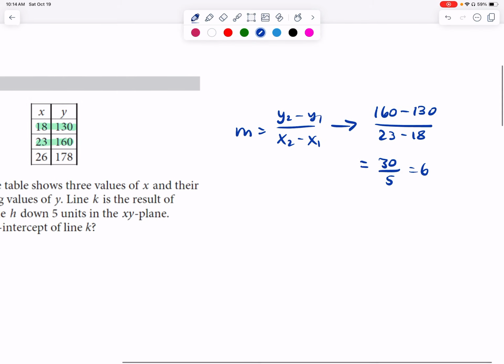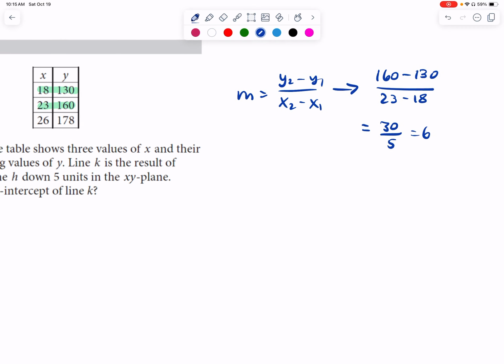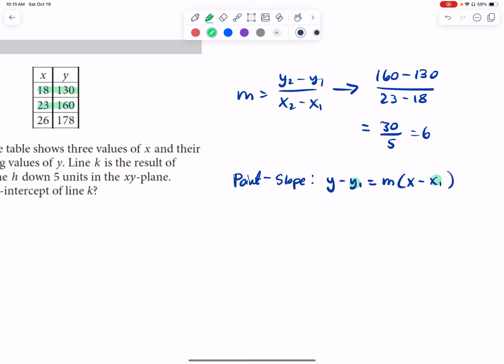As far as the y-intercept goes, I don't have that information in the table. I don't really need it in order to write the equation, because I can use good old-fashioned point-slope form. Point-slope form looks like this: y minus y1 is equal to our slope times x minus x1, where y1 and x1 are just any point on this line.